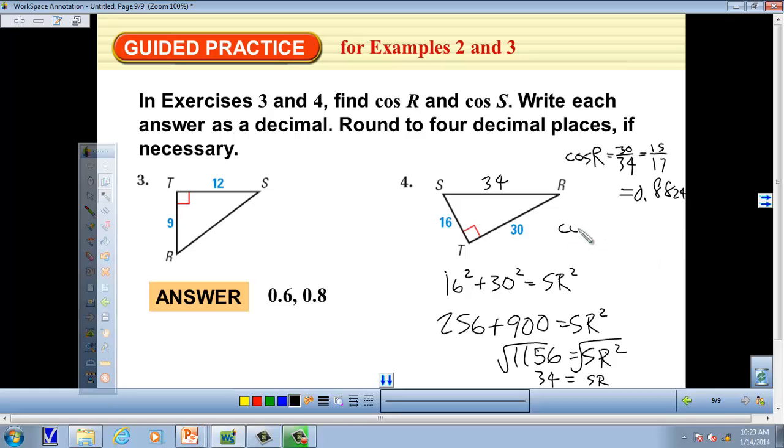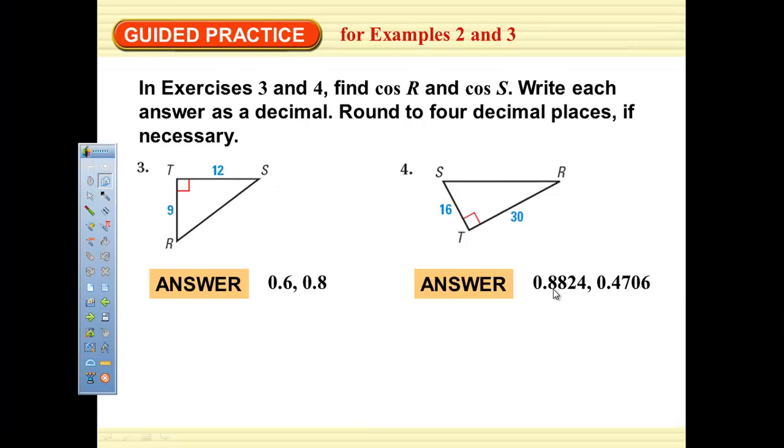Okay? For cosine of S, we know S is adjacent to ST, so we get 16 over 34, which if we divide top and bottom by 2, we get 8 over 17, and calculating that, rounding, we get 0.4706. Okay? There we go, 0.4706, 0.8824.